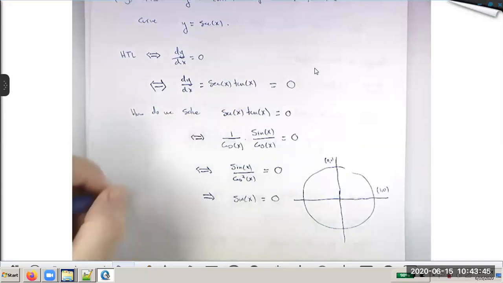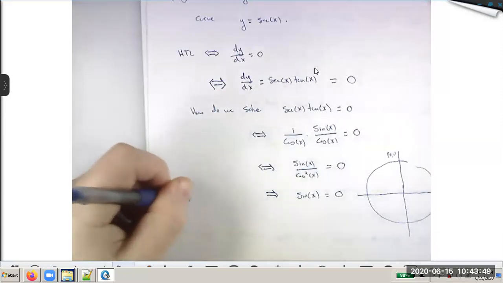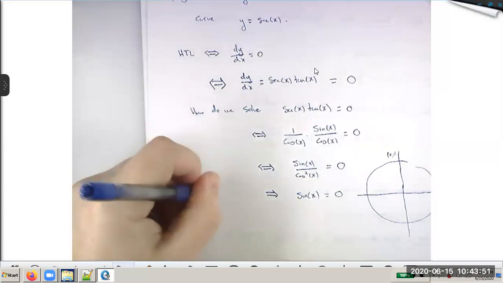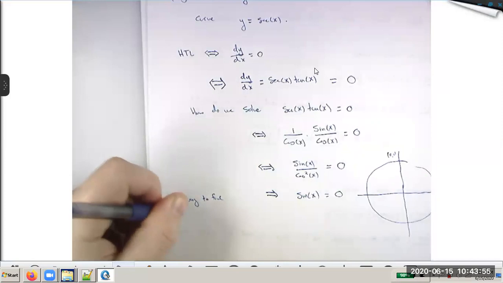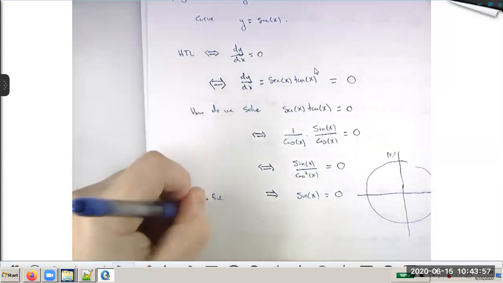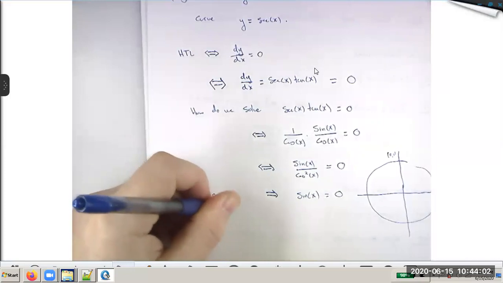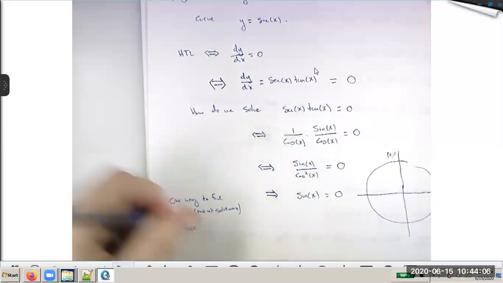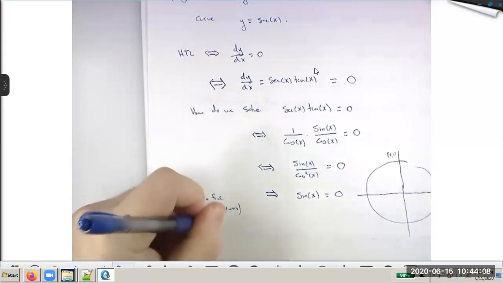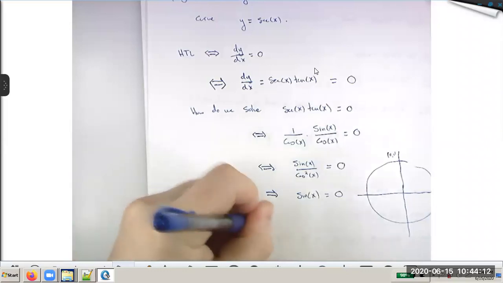So real quick, off to the side here. One way to find a solution, but not all, is to take arc sine or sine inverse of both sides.